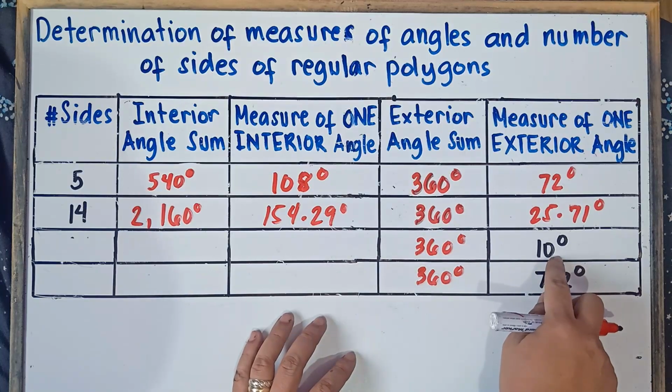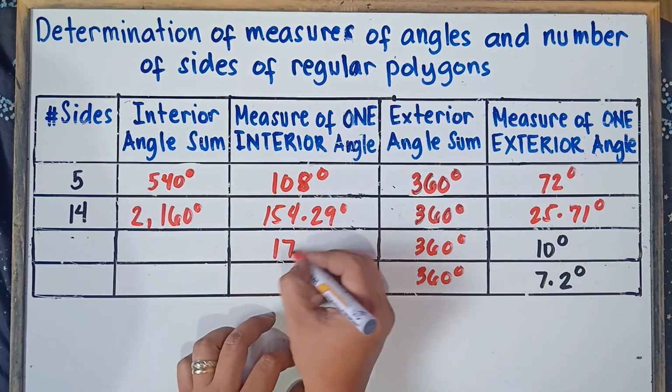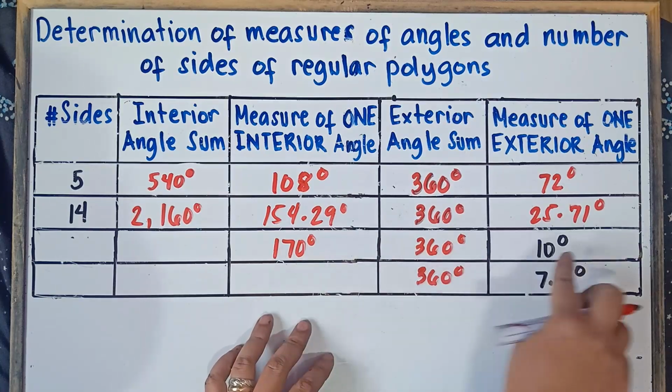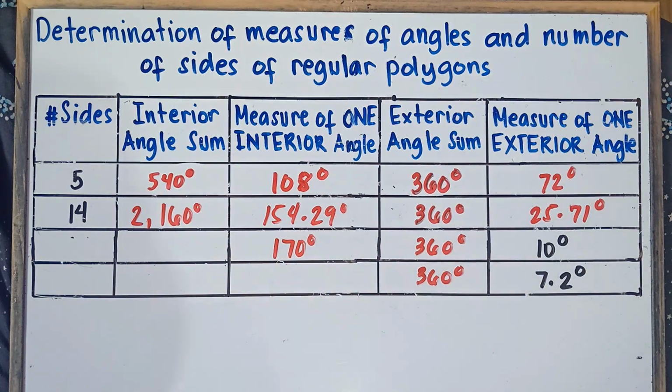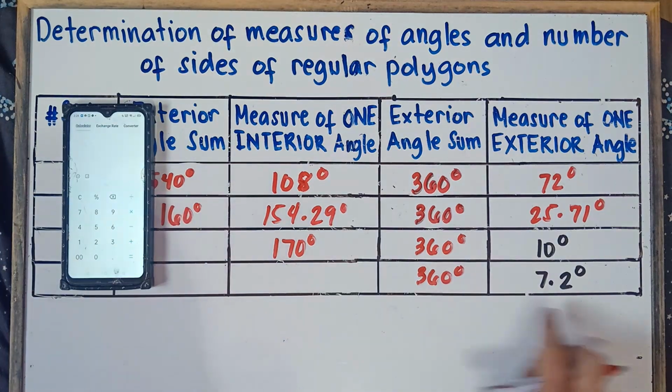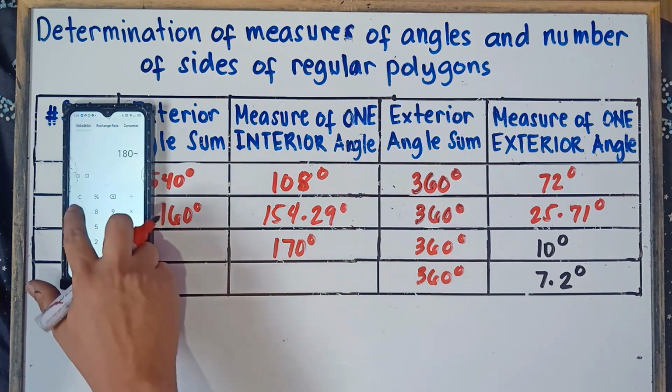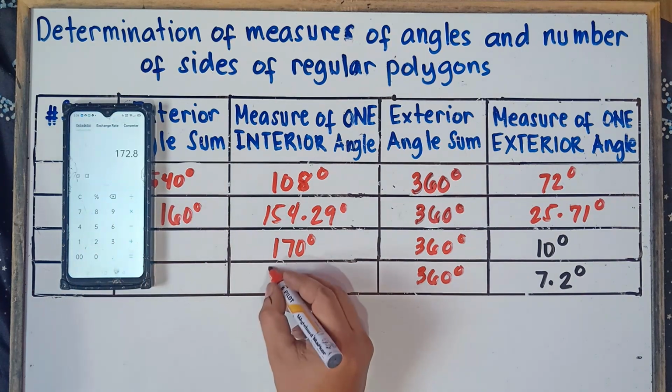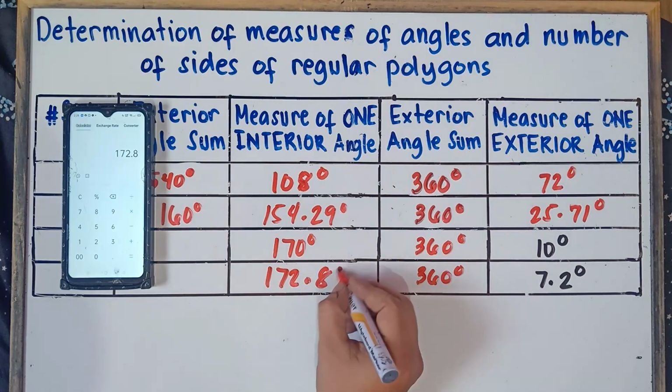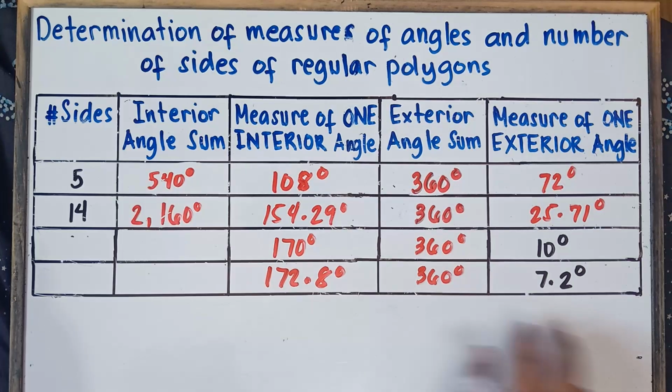So if this is 10, this should be 170 degrees, because 170 degrees plus 10 would be equal to 180 degrees. And this one, if this is 7.2, then 180 minus 7.2 would be 172.8 degrees. I hope you understand this one, class.